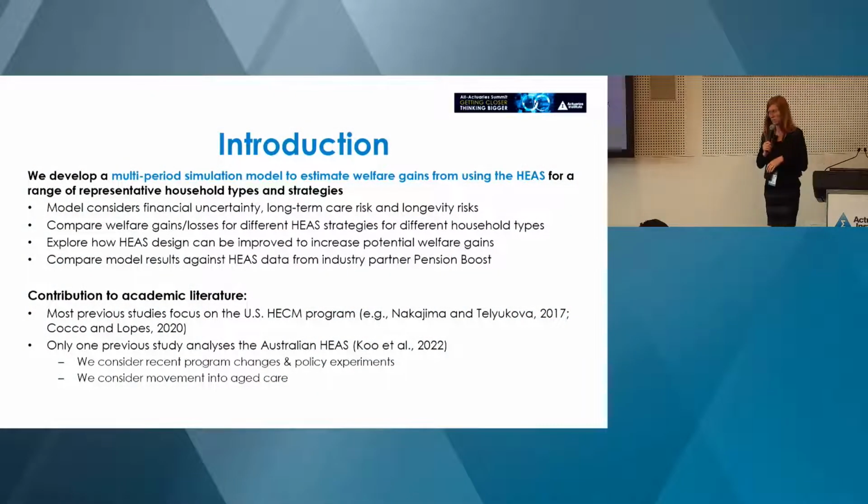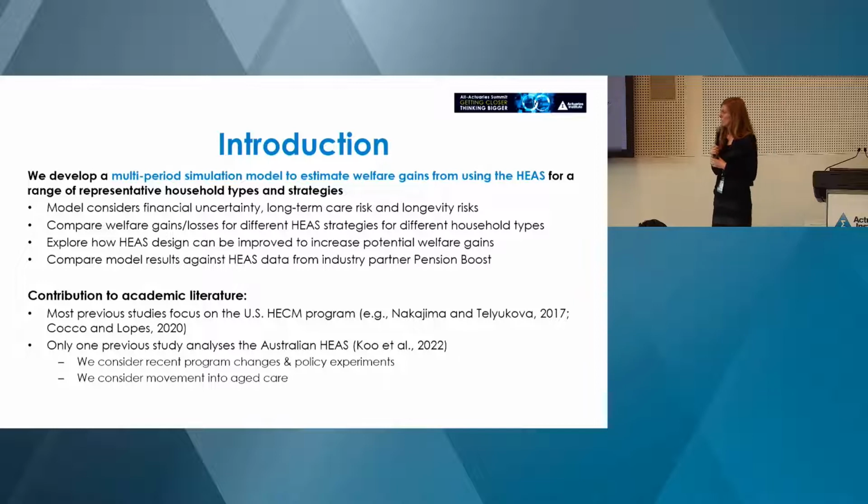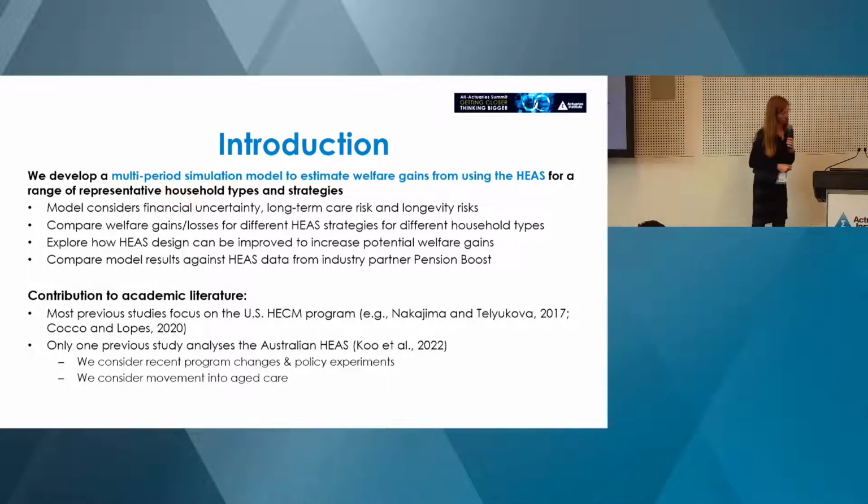So what we do is develop a multi-period simulation study, a model, to estimate the welfare gains and analyze whether it's a good thing to use the home equity access scheme for different types of Australian households. Our model accounts for financial uncertainty, house price risk, interest rate risks, and so on, and for health risk, uncertain longevity, and aged care risks.